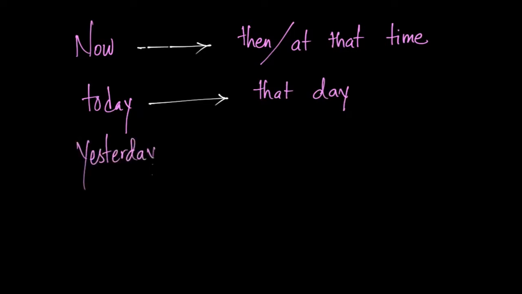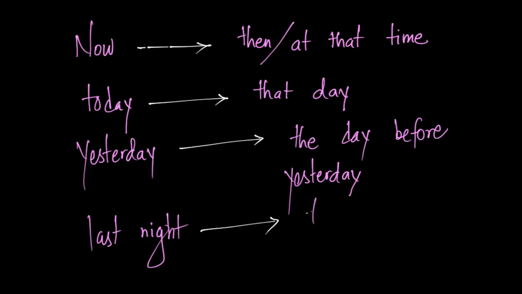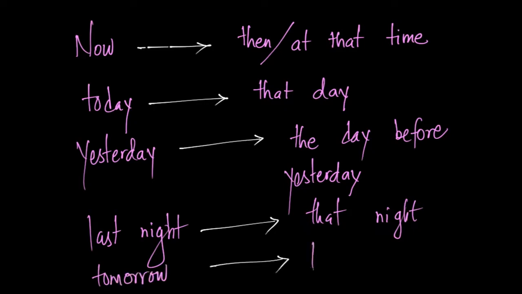Yesterday changed into the day before yesterday, or we can say the day before or the previous day. Last night changed into that night. How about tomorrow? Tomorrow changed into the next day or the following day. Ta-da! These are some conversions.